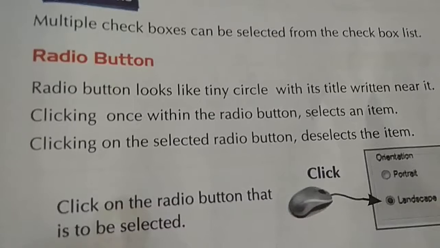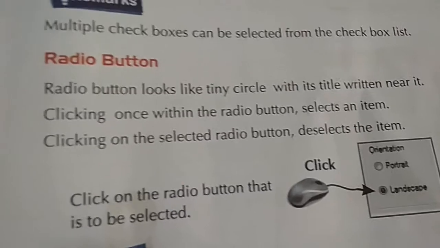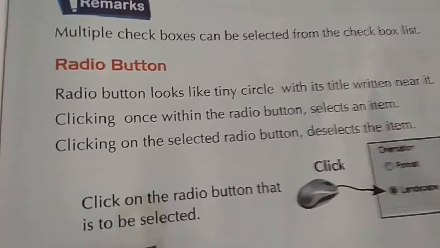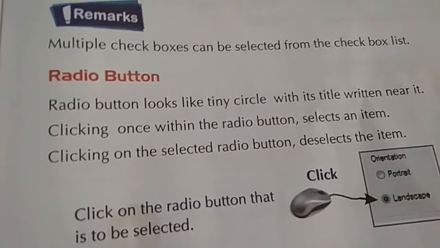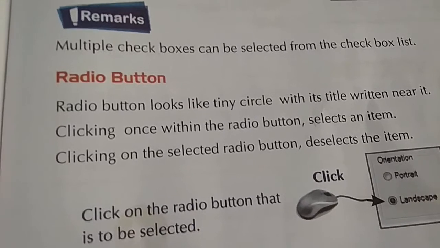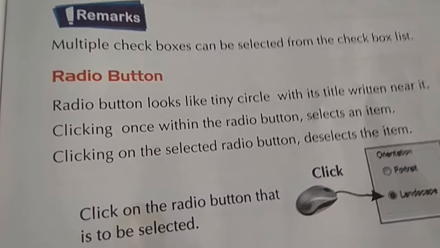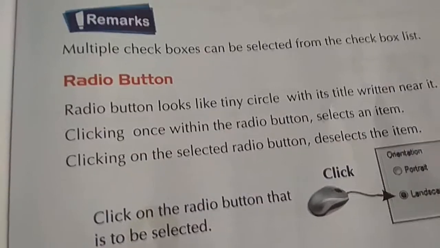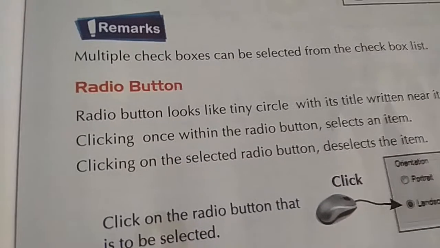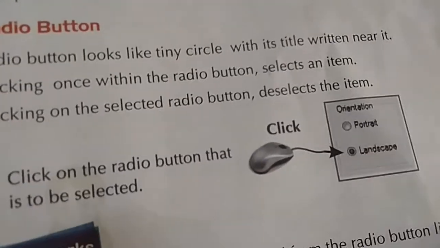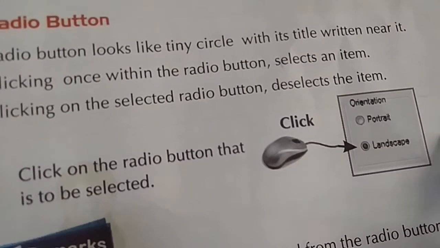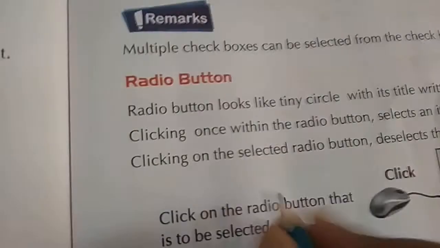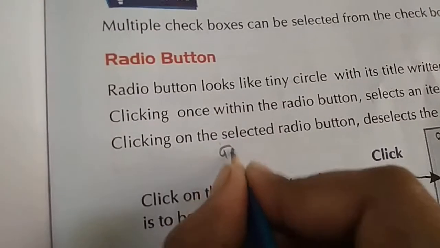Next is a radio button. What is the radio button? Radio buttons are used when there is a list of 2 or more options, but the user must select one choice. For example, gender.